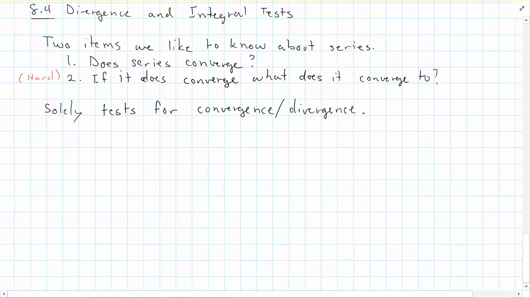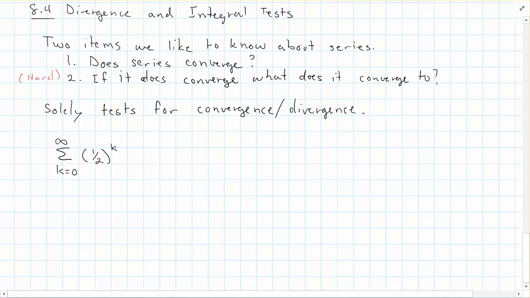Now, the name of the first test gives you a good indication of what it is. We'll get to this test just by examining a couple of series and seeing what's going on. So let's look at a simple series. We'll look at another geometric series: the sum from k equals 0 to infinity of 1/2 to the k power.